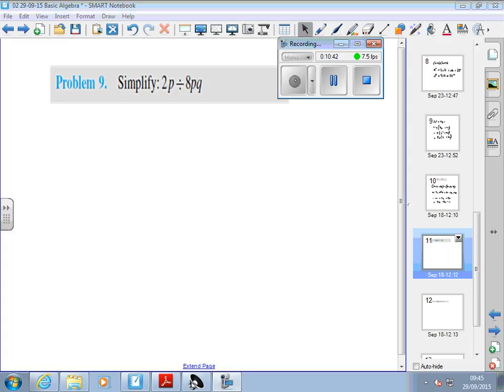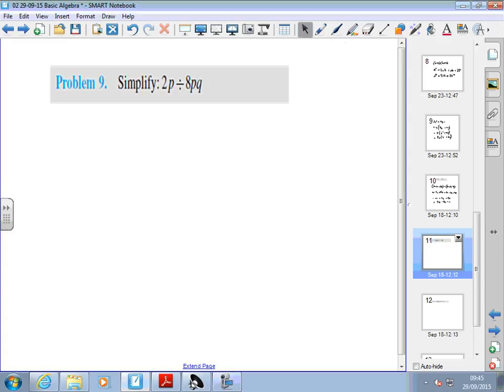Here's another one. Simplify this, 2p divided by 8p cubed. 2p divided by 8p cubed is an expression that we often need to simplify. Now we've started to talk in terms of fractions.